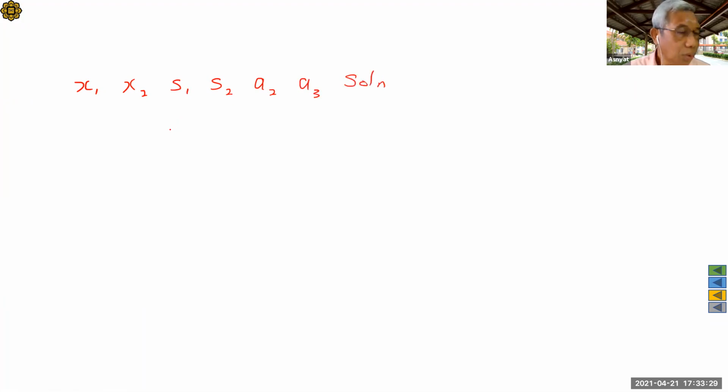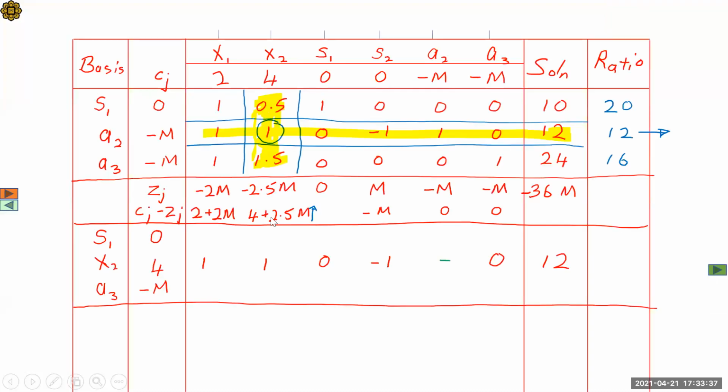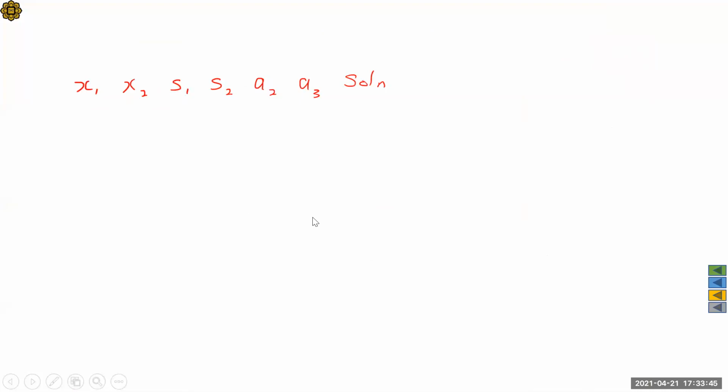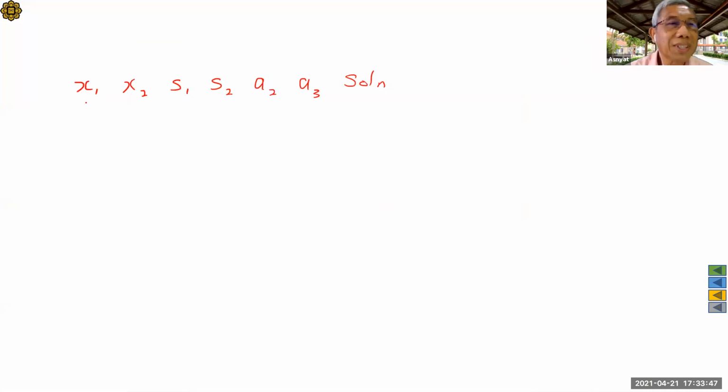Where is the old row coefficient? I can flip back to my paper like this. 1, 0, 1, 0.5, 0.5, 1, 0, 0, 0, 1, 10. Everybody agree? So the old row coefficient is 1, 0.5.